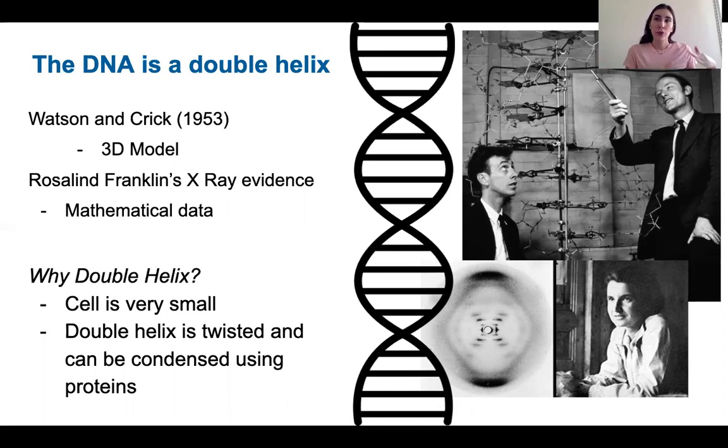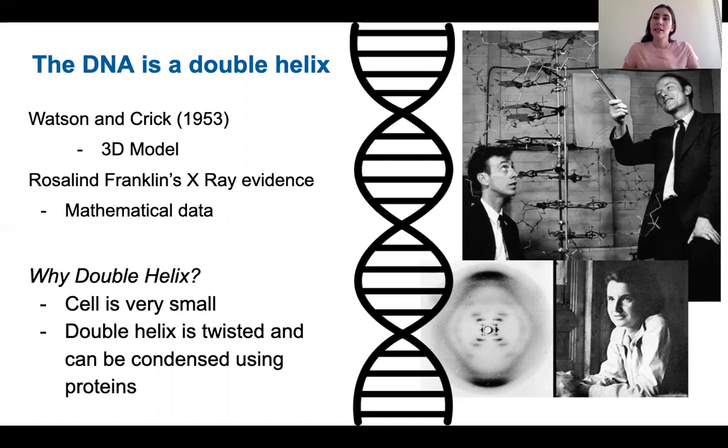So although they were doing research on this topic for a while, the mathematical data provided by Rosalind Franklin was the missing link that allowed them to complete their research and come up with a 3D model of the DNA, proving that it's a double helix shape.